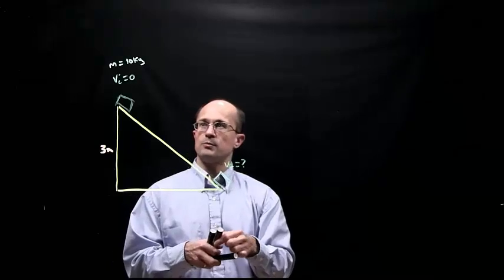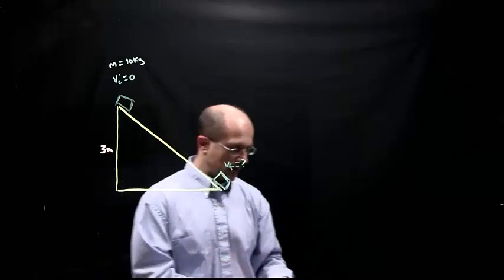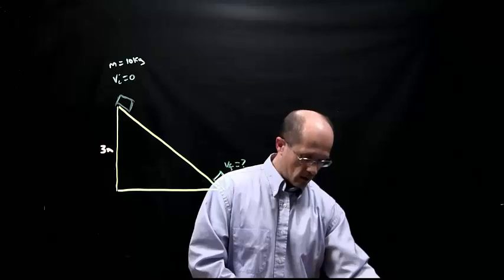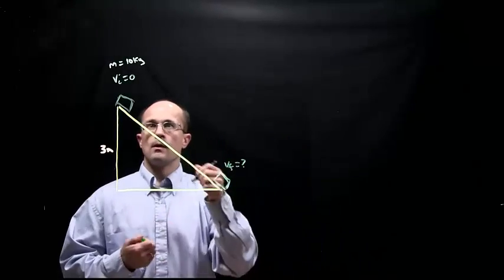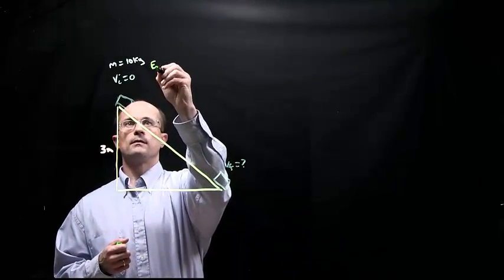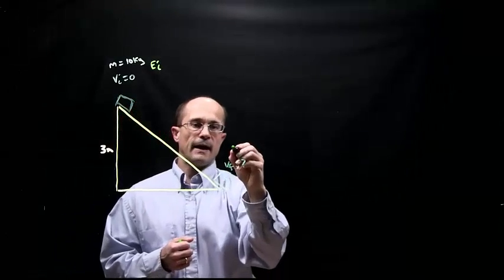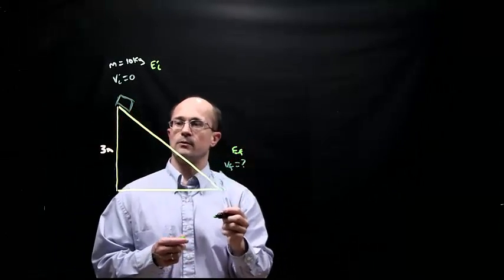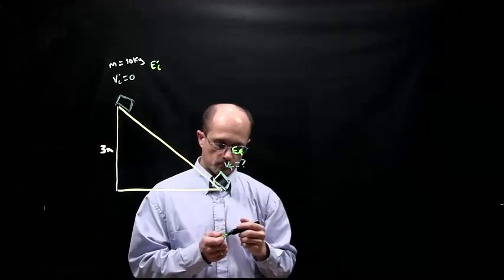So to do this first part, we're going to look at energy conservation. In our energy conservation, we know that the energy initial here has to be the same as the energy final down here.